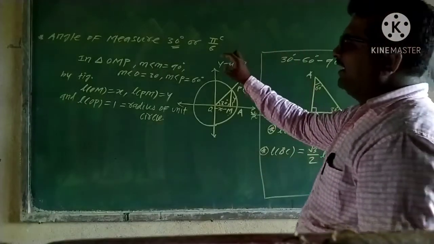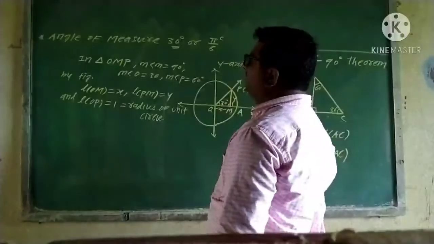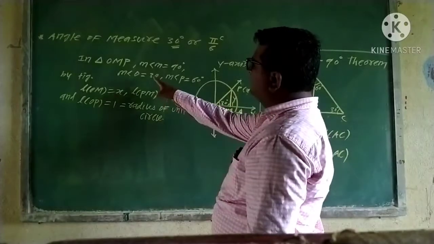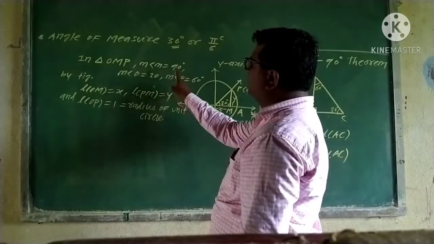Now here in this triangle OMP, the measurements of angles are 30, 60, 90.